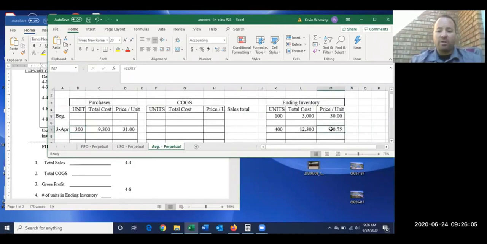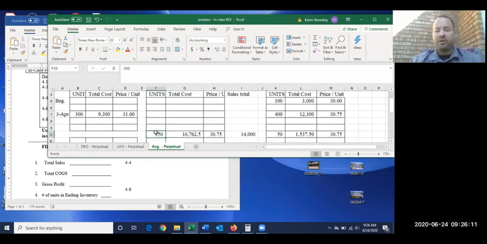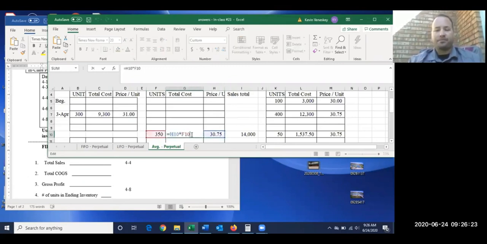This is my only batch, all of it in one number. So I put the 350 that I sold times the $30.75, the average cost, and then I figure up my total cost by just doing the multiplication, 350 times 30.75.